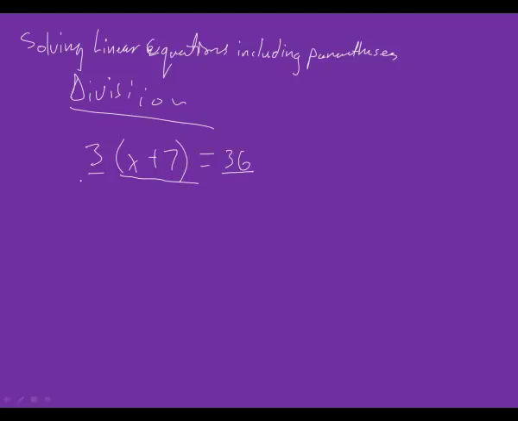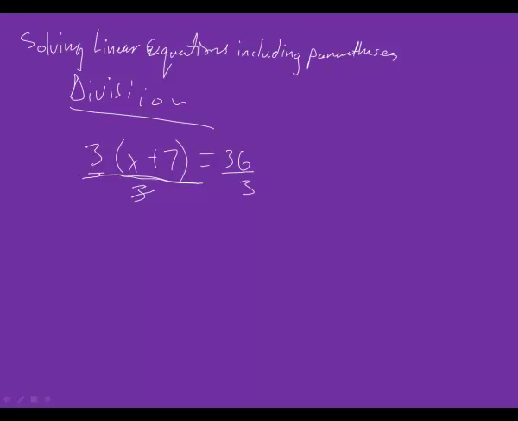So I have to think of it as dividing the entire side of the equation by 3 on both sides. So when I divide this 3 by 3, I don't need to worry about this divided by 3. I just want to worry about what happens when I divide 3 by 3.